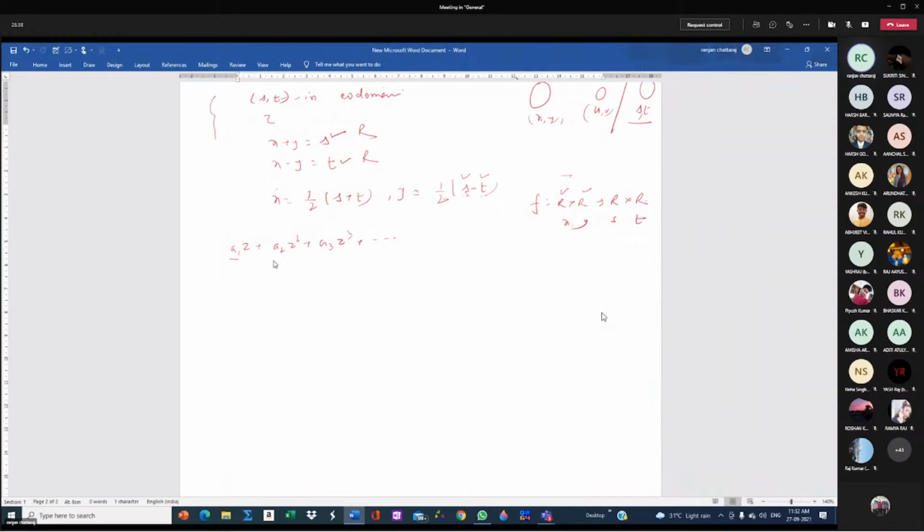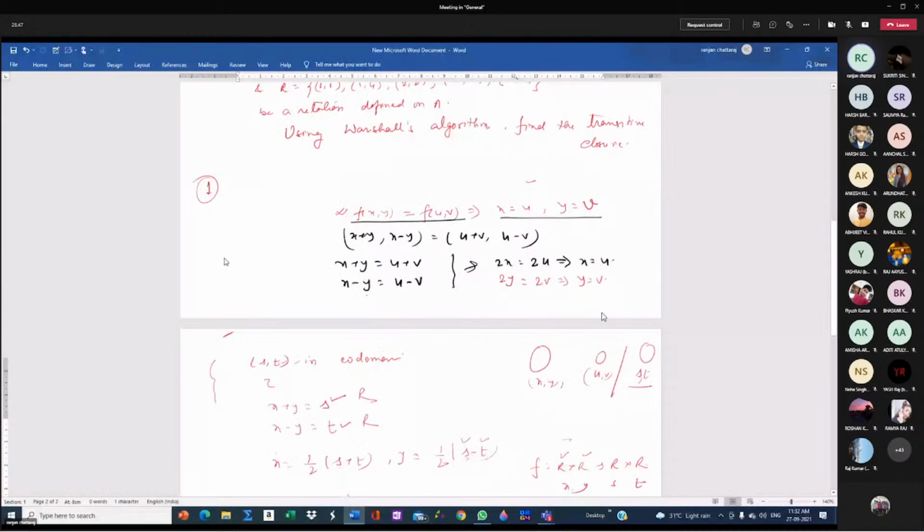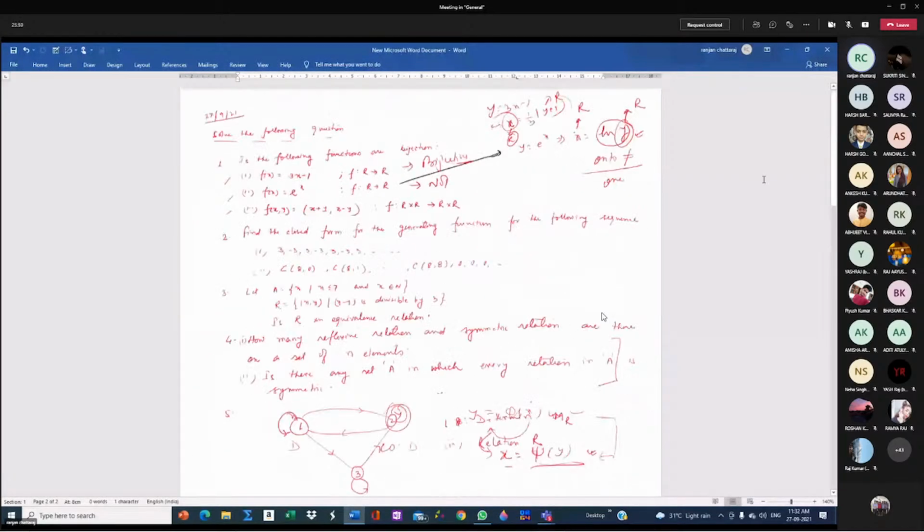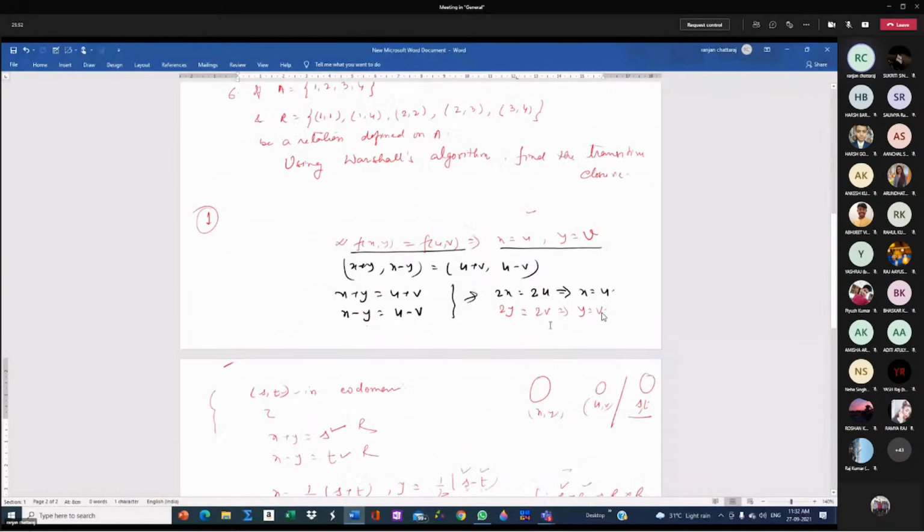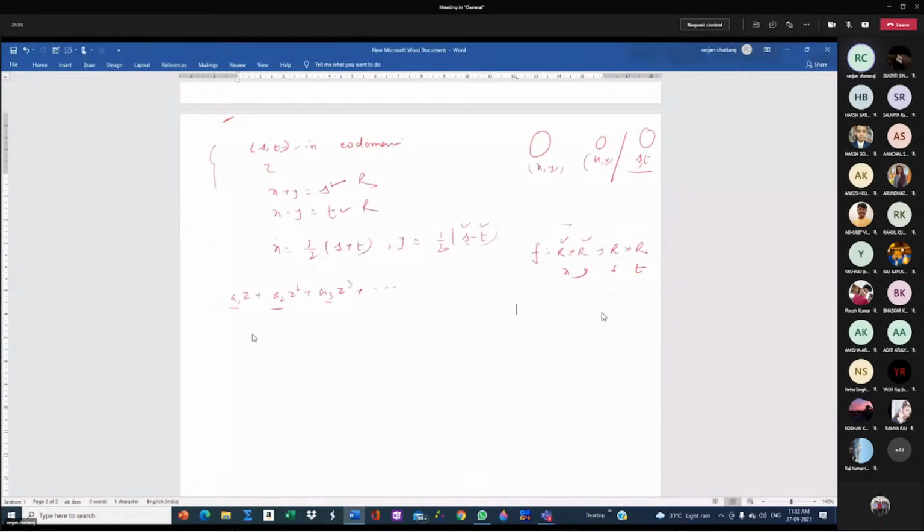So these a1, a2, a3 are the members of the sequence. So in our case, what is the sequence? It is suppose 3, minus 3, 3 like this. So if it is, then construct the power series. It is 1 over 1 plus z, which equals 1 minus z plus z square minus z cube plus z4 and so on. Why am I taking the plus over here? Because we have alternately plus minus plus minus. If all are plus, then we'll take a minus.